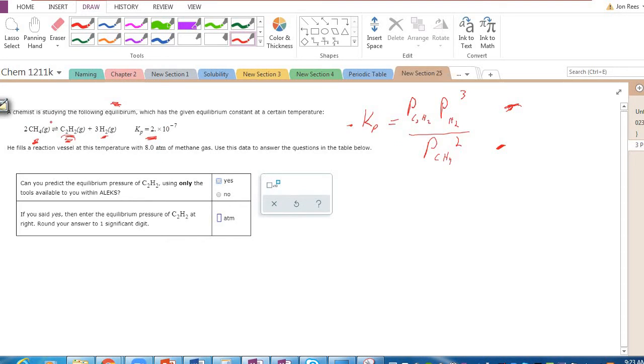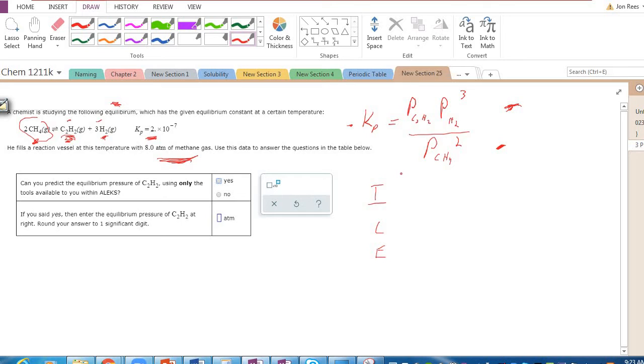If you go back to your vessel and look in there, you'll see that most of it is still methane. Only a little bit has moved to the right. It gives us an initial amount of methane, and we'll assume there is no C2H2 or H2 in there. So I can build my ICE table: the initial, the change, the equilibrium.